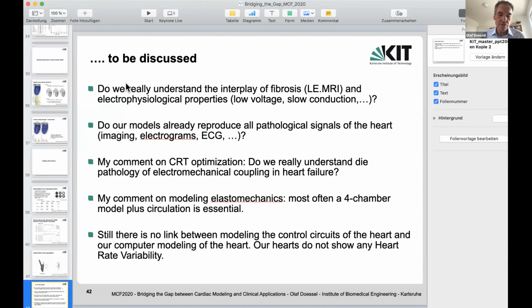I think I forgot this message in the end: if we talk about a digital twin, this is not really what we are aiming at. We are aiming at a computational model that is solving just a very specific problem of the cardiologists. A model that is good for AFib is not a good model for cardiomyopathy. So there will be different models with different focus.